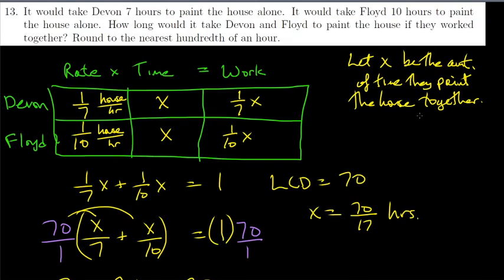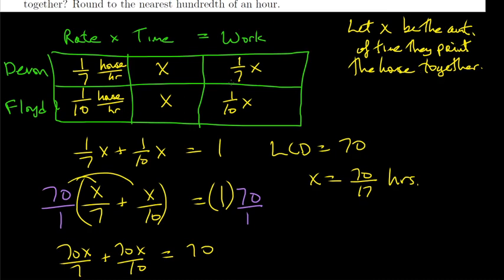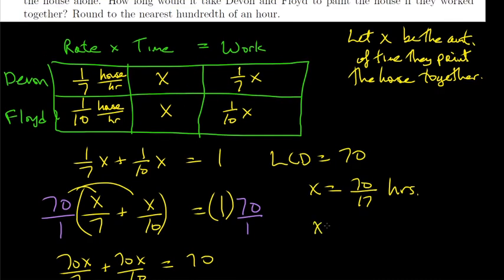That's how long Devin and Floyd take to paint the entire house working together. Let me just bring up a calculator. 70 divided by 17, and I get approximately 4.1176 hours. But we only want 2 decimal places, the nearest hundredth of an hour. So that's 4.12 hours.